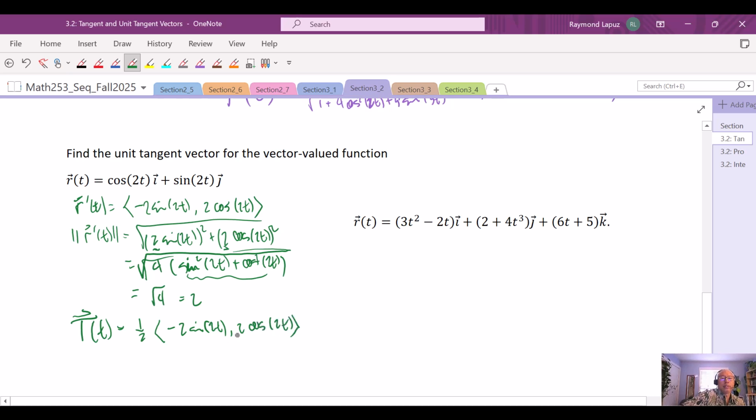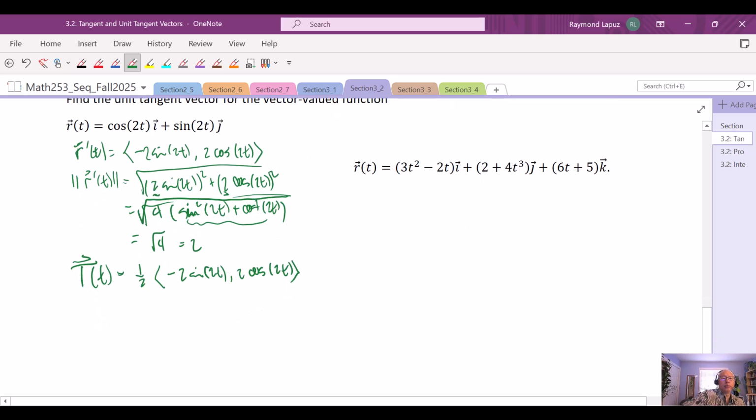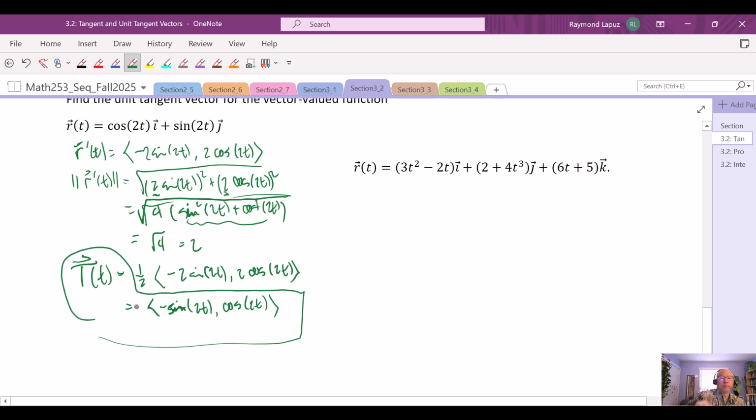So we can see that the 2's just cancel, and we simply get a negative sine 2t and a positive cosine 2t. Now, if you want to take the time and find the magnitude of that, you'll see that the magnitude is actually equal to 1, and this in fact is a unit vector.